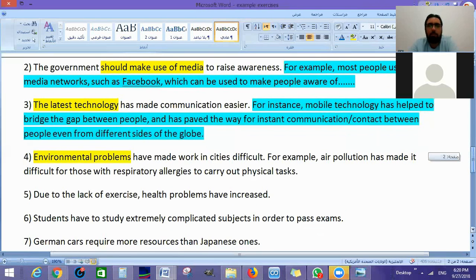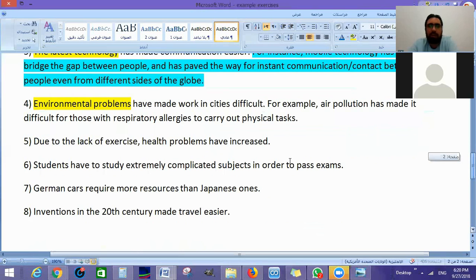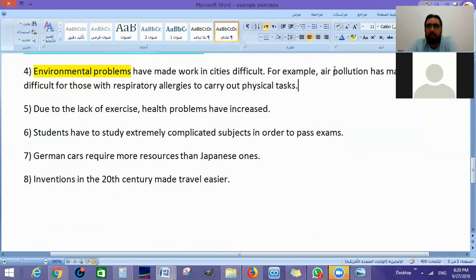Okay. Due to lack of exercise, health problems have increased. I'm going to let you do this one. Okay, Ziad, you can do this one.